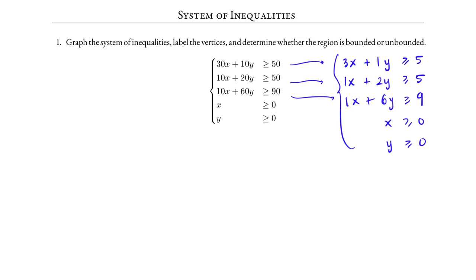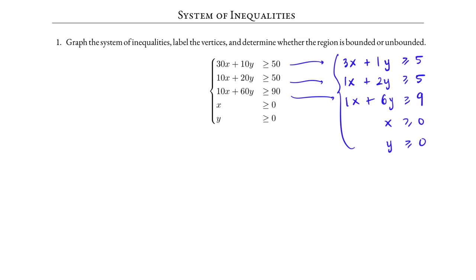For the first three inequalities, we just simply divide both sides by positive 10, and so it doesn't change the inequality sign. It is much simpler to graph 3x plus 1y greater than or equal to 5 than dealing with larger coefficients. There are 5 inequalities.